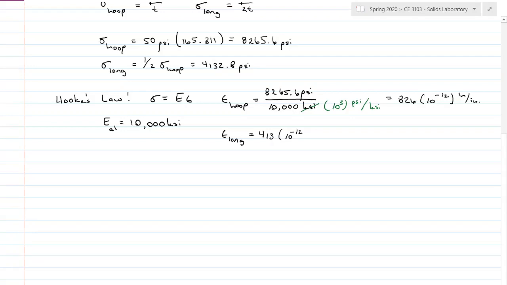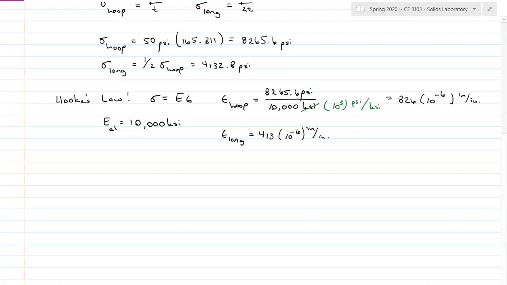Oh, I see what I did. Fantastic. 8265 divided by 10e6. There it is. Woo. I was wondering why my numbers were so off. So that's to the negative 6 as well, inches per inch. Okay, those numbers are much more reasonable. Sorry for my poor math skills.